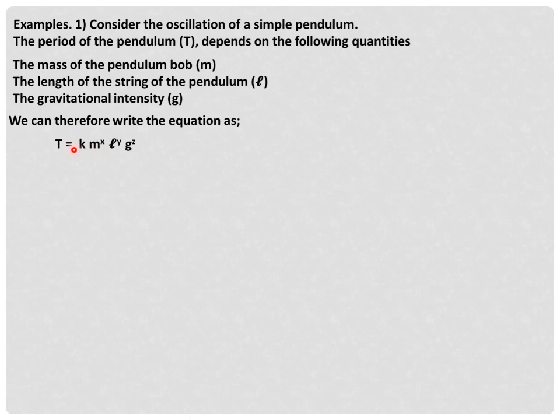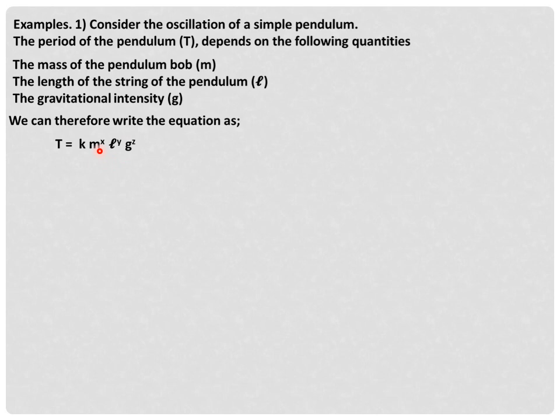We don't know whether the period is directly proportional to the length or inversely proportional to the length. And so, for that reason, we introduce powers, indices x, y, and z on these variables, mass, length, and gravitational intensity. We will now use the method of dimensions to determine this x, y, and z.